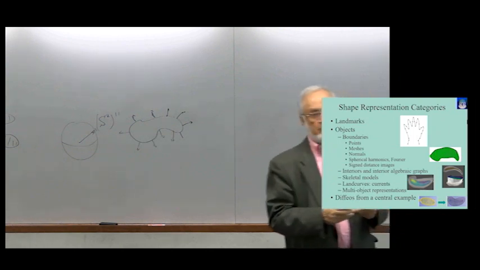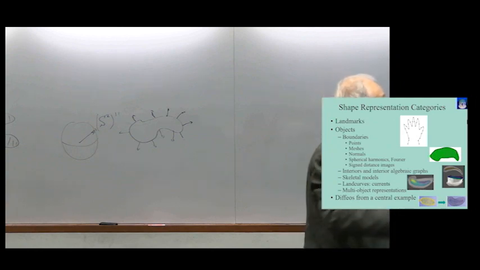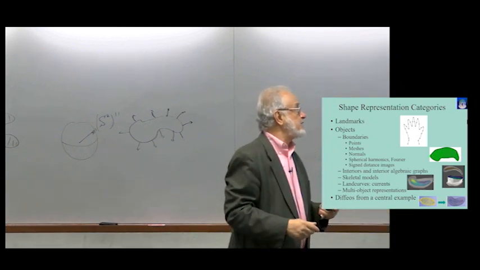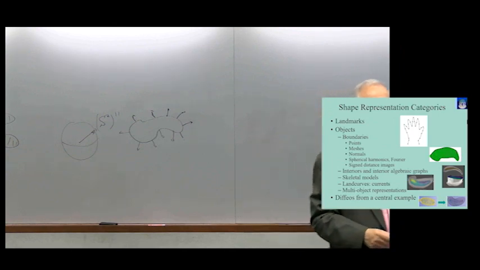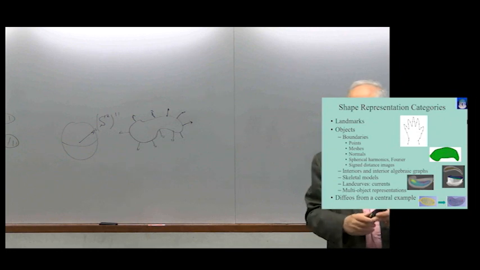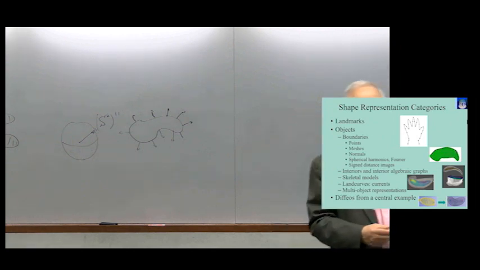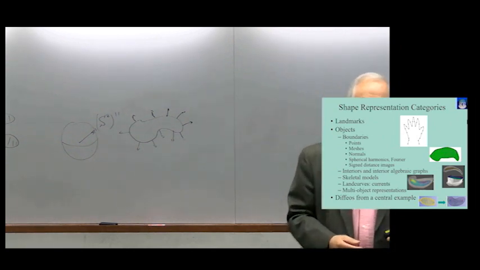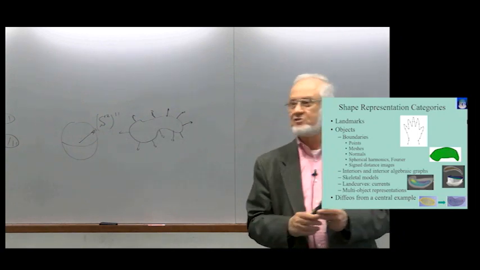Or sometimes the points are sampled in a different way than just being landmarks. But in any case, you have these so-called point distribution models, these collections of positions of points, which are one of the kinds of representations. It's the simplest one you can think of. Okay, just give the X, Y, Z value of each point. It also turns out to be not the best you can do.